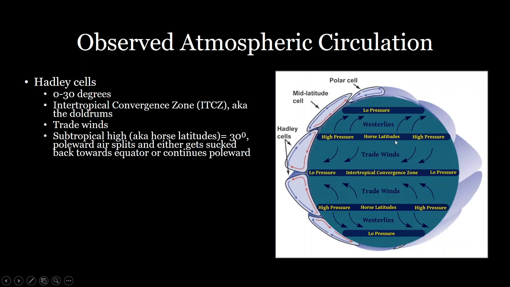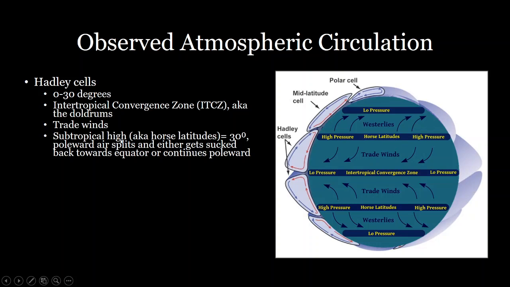It's also called the horse latitudes, kind of a bad story, just because the subtropical high is an area that usually receives very little wind, and so sailors could not travel as quickly when trying to cross the horse latitudes, and sometimes to conserve water they would have to kill off their horses.